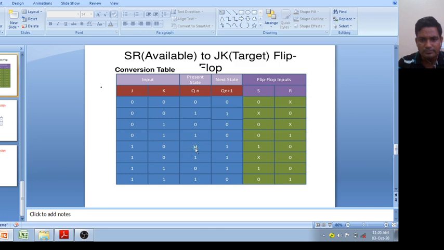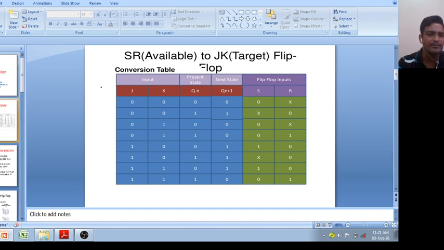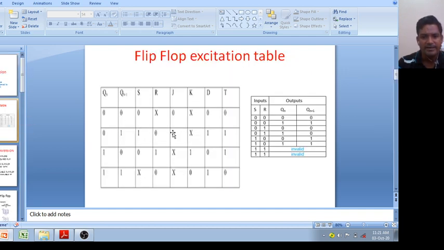One case is here and one case is here. What is the value? Here it is 1 1, here it is 1 0. So 1 and X are coming. Similarly for 1 0, there will be two cases: X 1 and, for 1 1, X 0, just like SR.